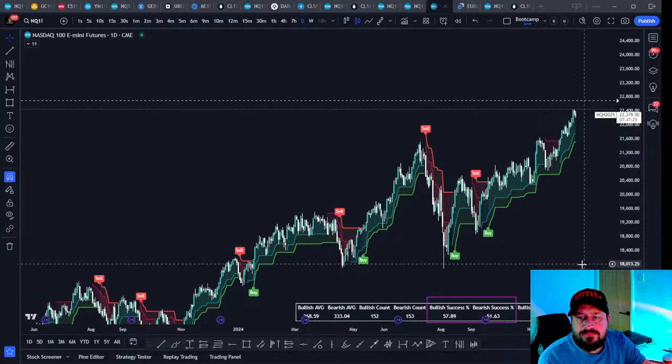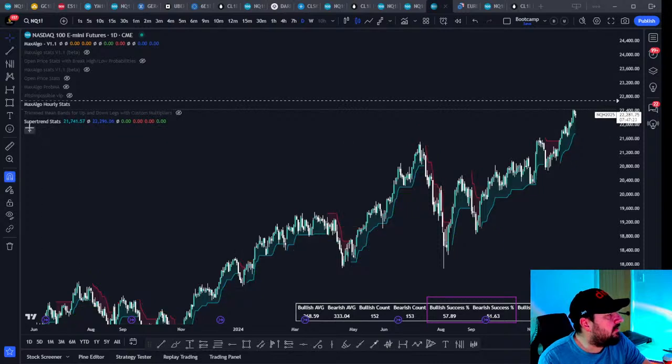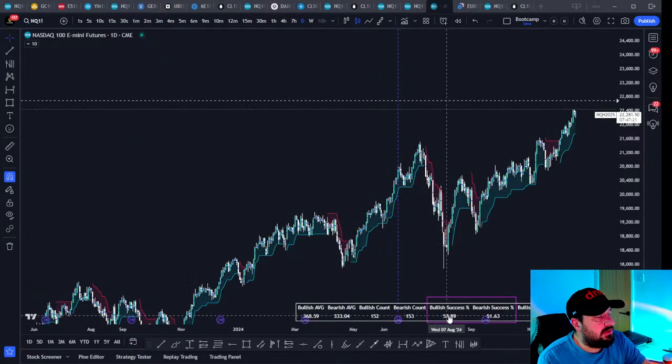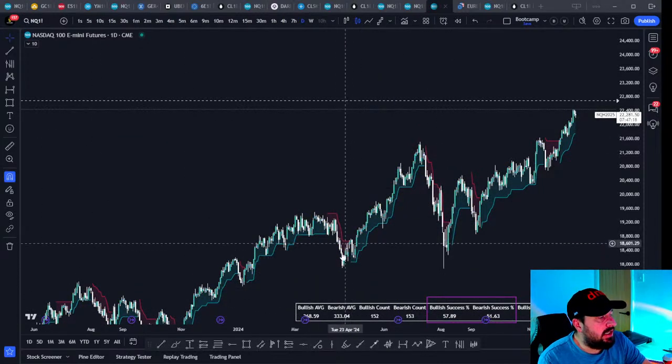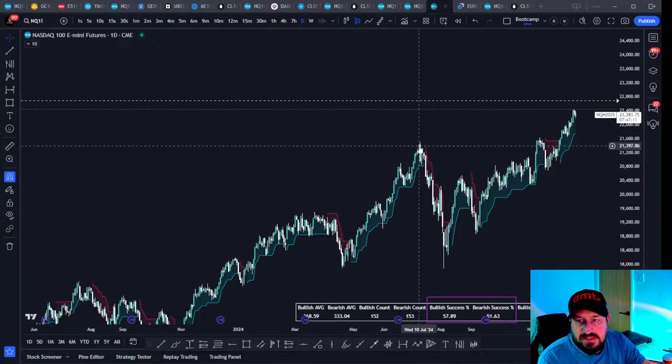This is telling us the success. Let me just get rid of the other Super Trend. When we get a bullish cross here, what's the probability that when it crosses back bearish, price is higher?